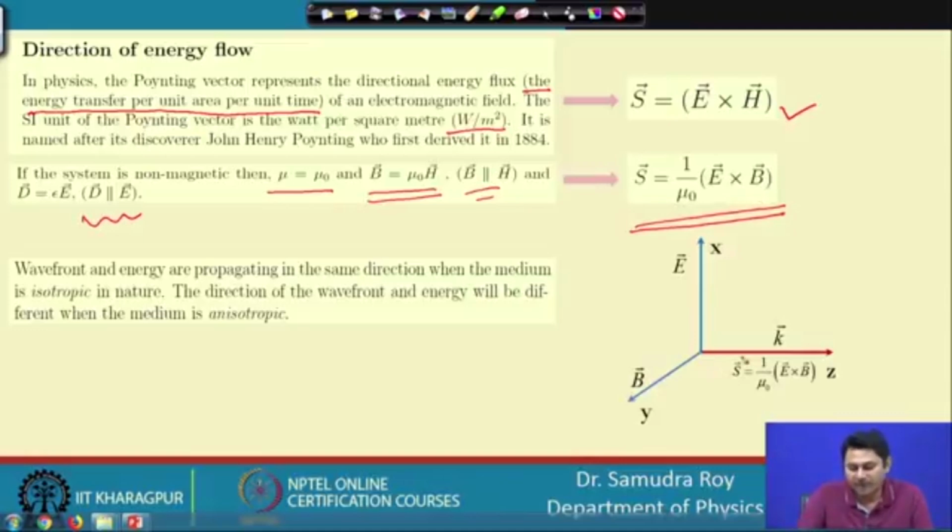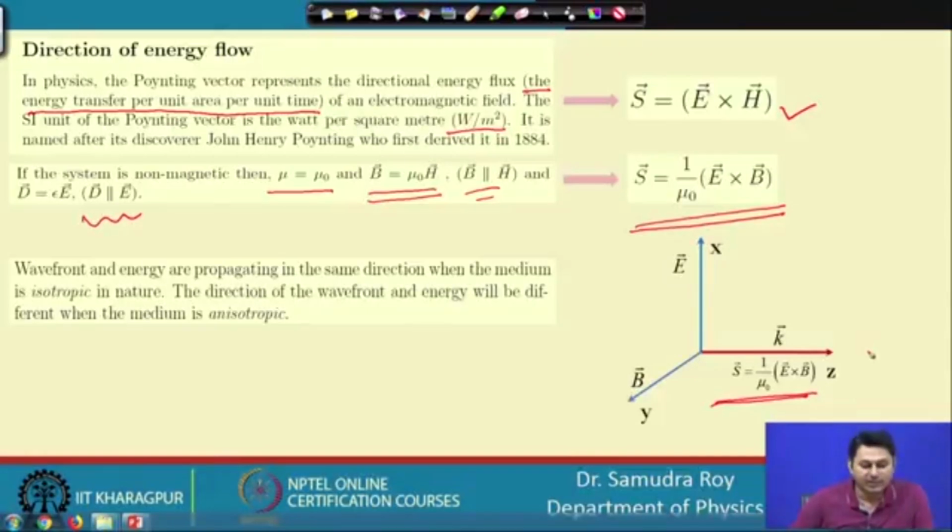Previously we found that if k is in one direction, E and B are perpendicular to that. When E and B are perpendicular to that, then E cross B is a vector which should be in the same direction as k. That means the Poynting vector and the k vector are in the same direction. If I take E cross B and use the right hand screw rule, you will find it is in the same direction as k.